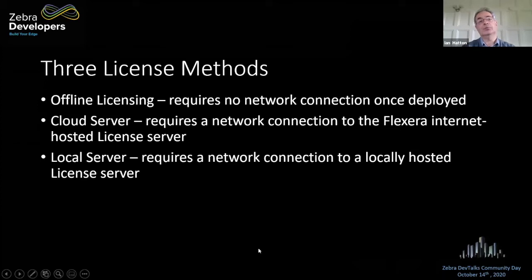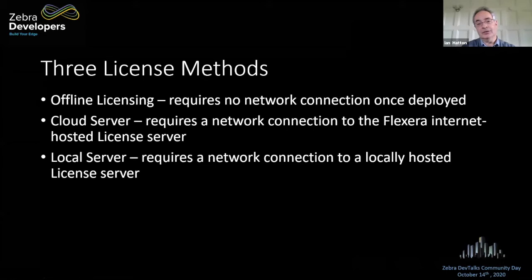And in this talk, we're going to cover 3 different license methods. Offline licensing, which requires no network connection once it's deployed. That's useful in that a lot of our customers either don't have internet connectivity or may not have much connectivity at all on certain devices.